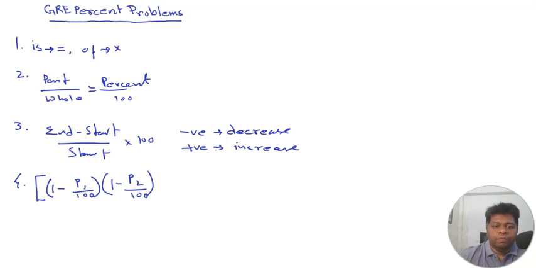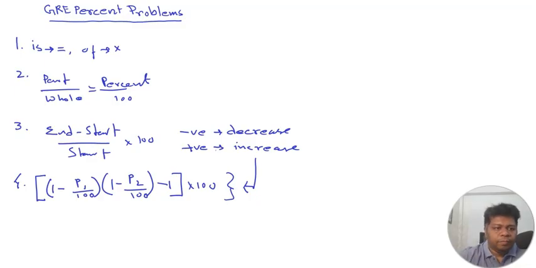Find the net decrease percentage. So then you have to minus it, plus 1, into 100. Here also the same rule applies: if it is negative, it would be the net decrease in percentage, and positive is increase.